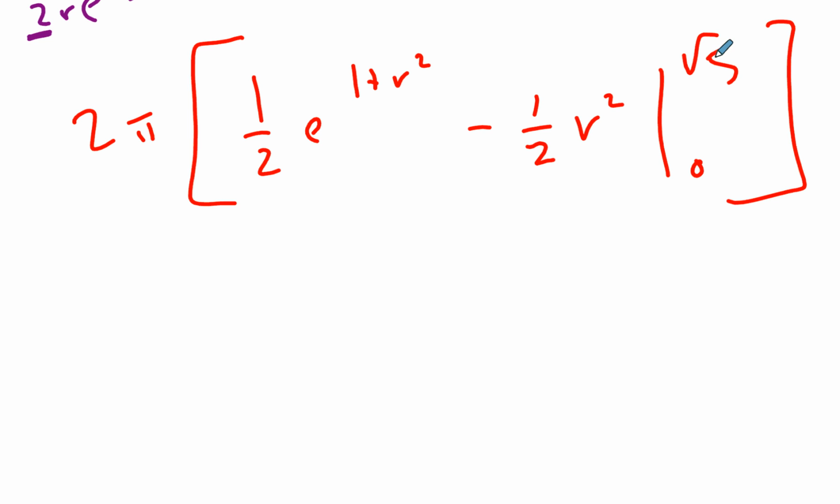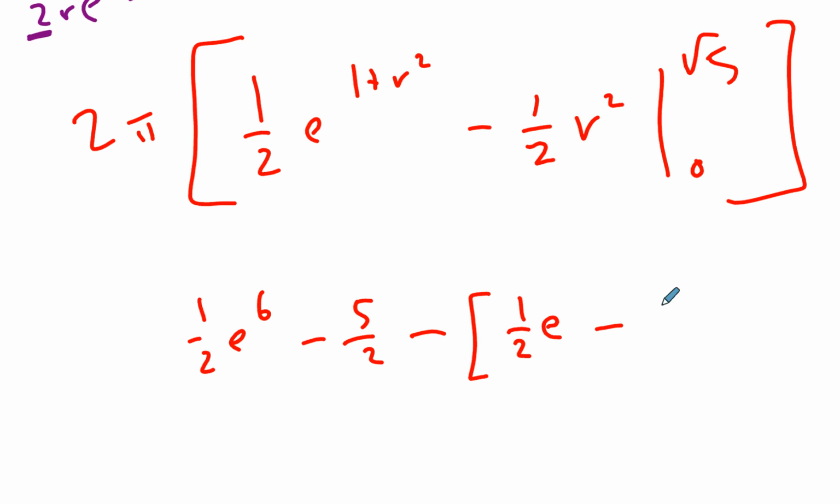So let's do this. We plug in root 5. We get 1/2 of e to the 6th power minus, if we plug in root 5 here, we get basically 5/2, right? And then we do minus what happens when we plug in 0. So we would get 1/2 e to the 1, which is just e, minus 1/2 times 0 squared, which is 0. So there you have it.